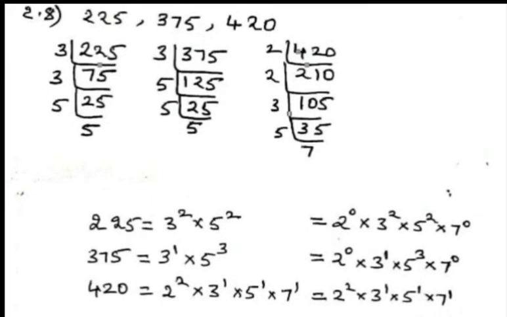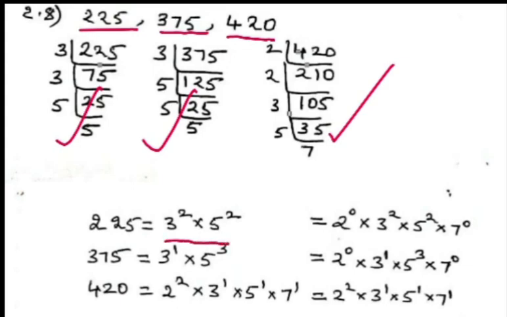We try to find the LCM and HCF of three numbers using the prime factorization method. First we find factors for the three given numbers. Now we note down the prime factors for 225. Here 2 is missing, so 2 power 0. 7 is also missing, so 7 power 0 is included.